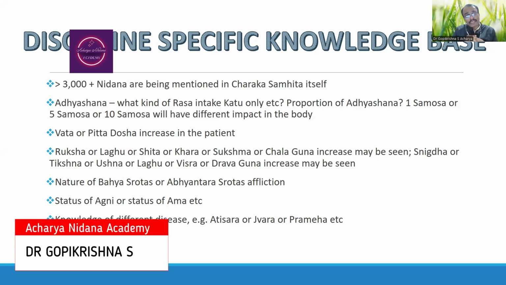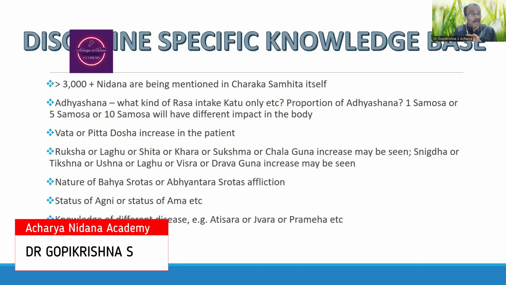Suppose the person is taking more Katurasa Sevana during travel, Vata Dosha may be increased to a maximum extent rather than Pitta Dosha. Suppose the person is taking the same degree of Katurasa Sevana in a hotel, then there may be a possibility of Pitta dosha increase rather than Vata dosha increase.